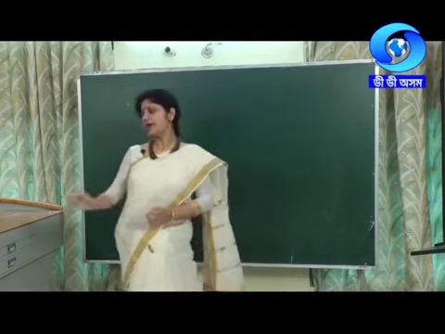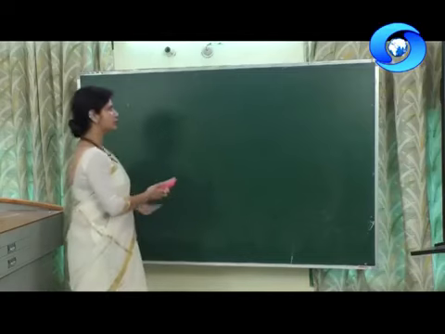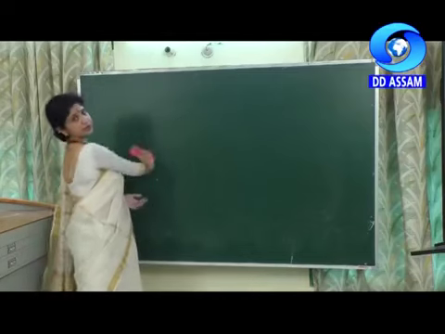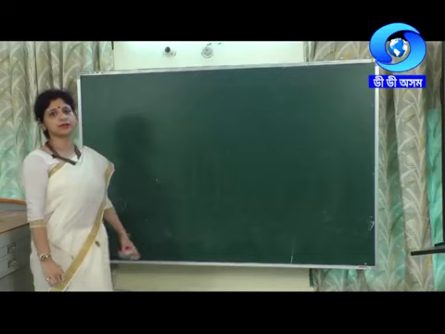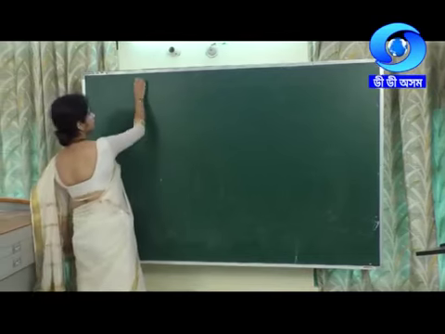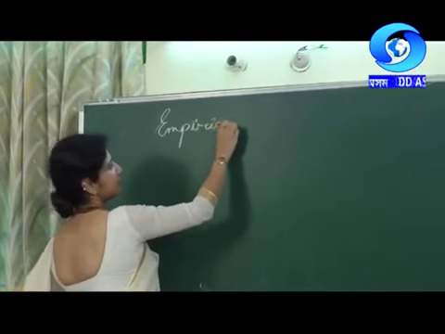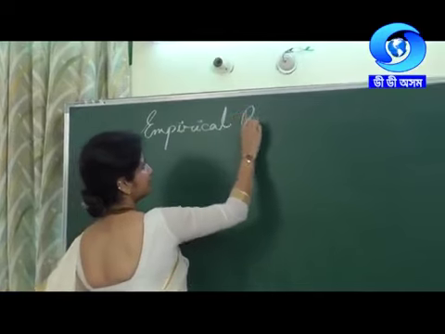So these are some of the merits and demerits of mode. Now we have to learn about another very important relationship between arithmetic mean, median and mode, which is known as the empirical relationship between mean, median and mode.